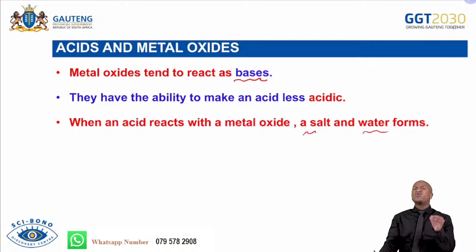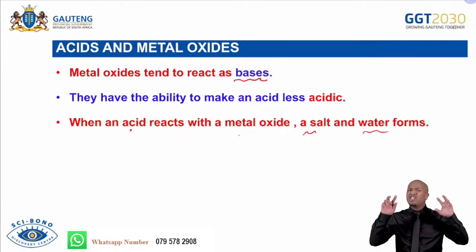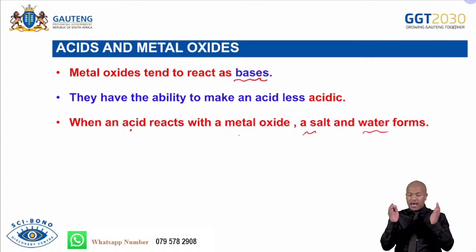So now I want you to note the reactants here and the products. The reactants in this case are your acid plus a metal oxide. We don't know for sure at this point which metal oxide we're talking about, right? Or which acid we're talking about. But in general, an acid plus a metal oxide, those are your reactants together, right?